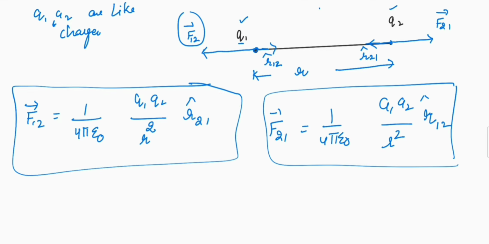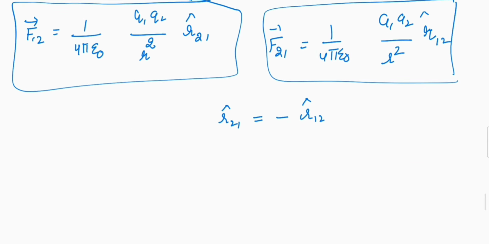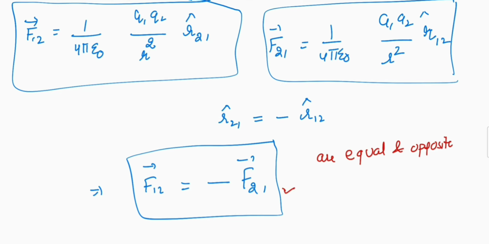This is our force, and we know this R21 unit vector is equal to negative R12 unit vector. So if we put this, we get F12 is equal to negative F21 vector. So from here we can say that these two forces F21 and F12 are equal and opposite.